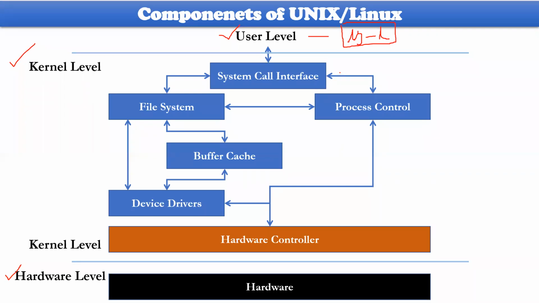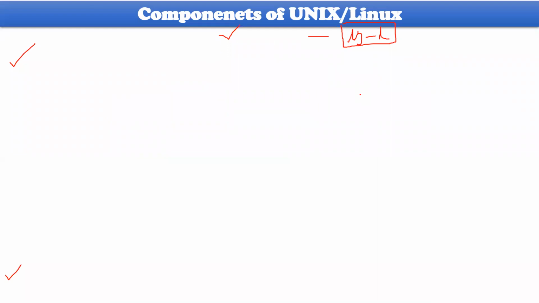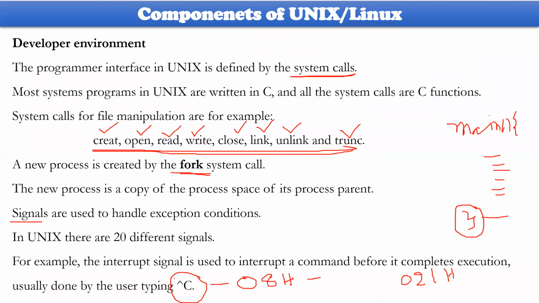08H is a specific call. I mean, it is a signal, for example Control C or Control Break. As and when you apply Control C, obviously the signal number 08 will be passed to the kernel.